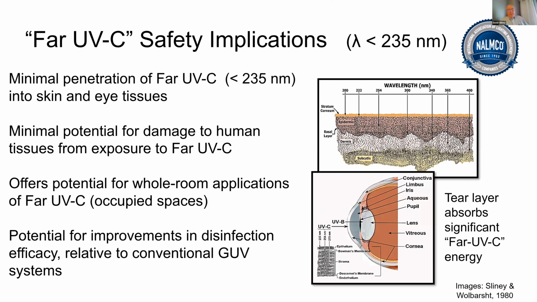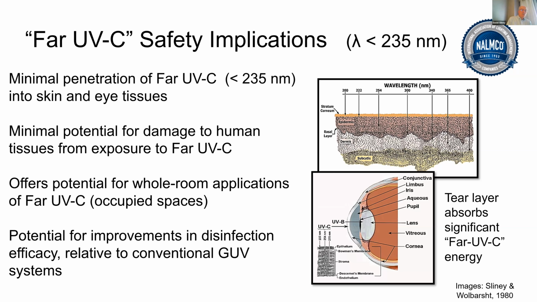So I want to also just spend a moment and talk about far UVC and why proponents of far UVC lamps claim far more safety with equal or better efficacy.